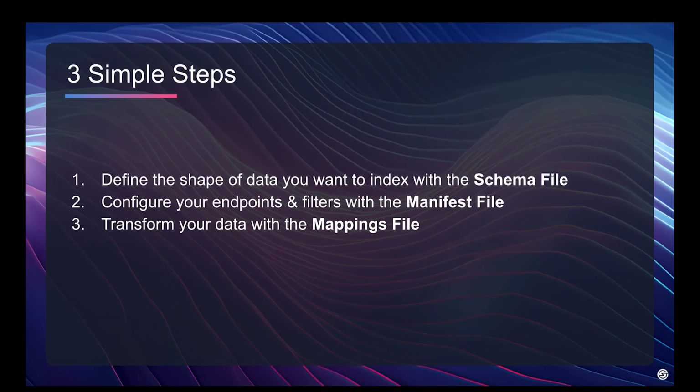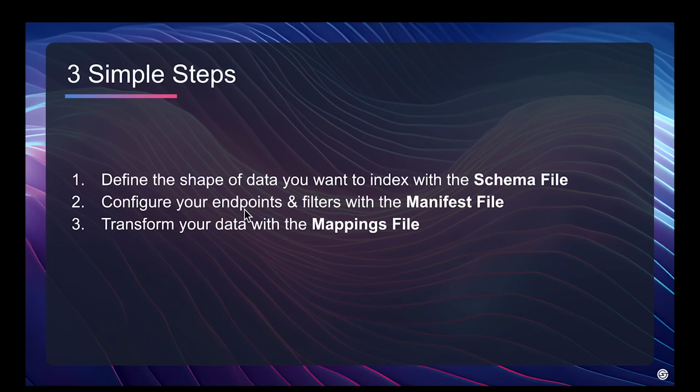Now, as mentioned, it is simple. There are only 3 steps involved, effectively modifying 3 files. Number 1 is we want to define what we call the shape of the data we want to index. So what kind of data do we need? And we can specify this in what we call a schema file. Number 2, we then look at the manifest file, and we configure the endpoints and the filters.